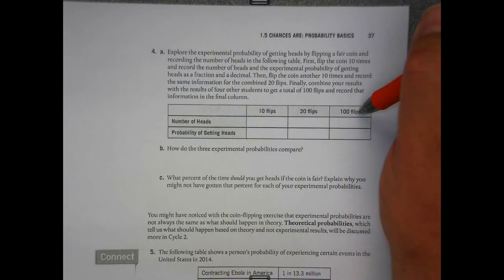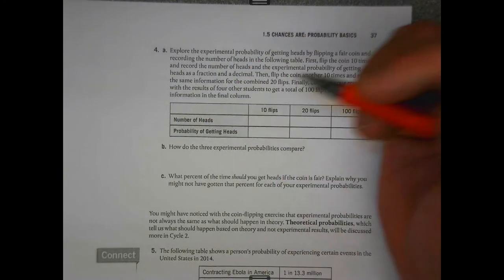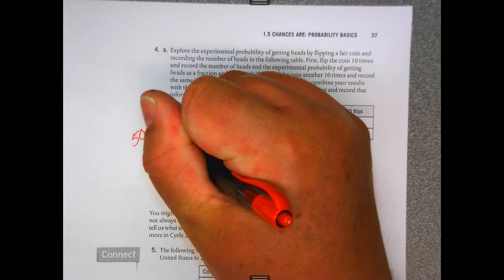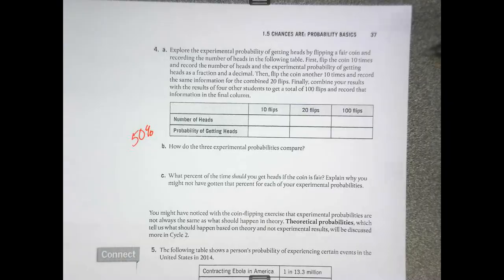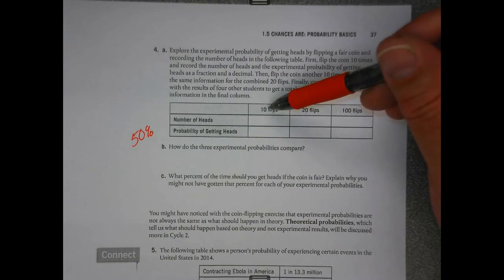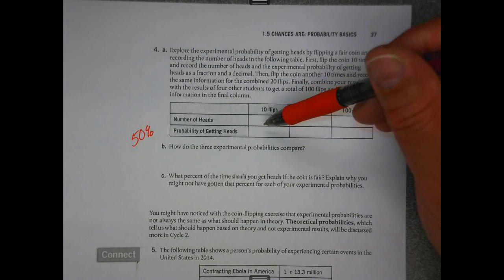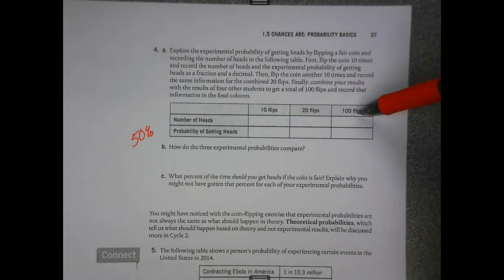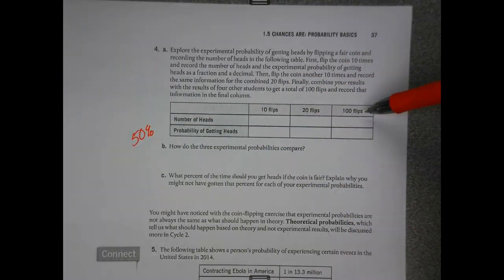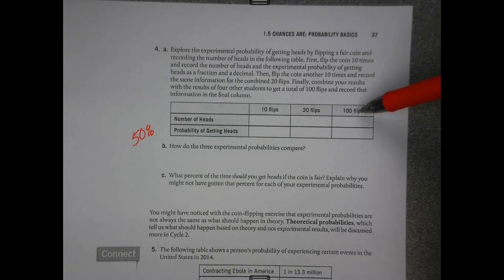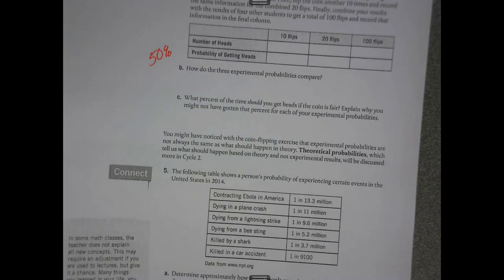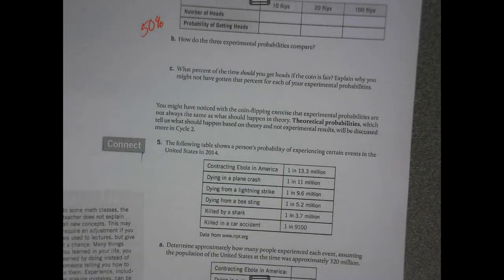We will take a look at number 5, and I'm going to take a look at the theoretical probabilities. Theoretical probabilities tell us what should happen based on theory and not experimental results.